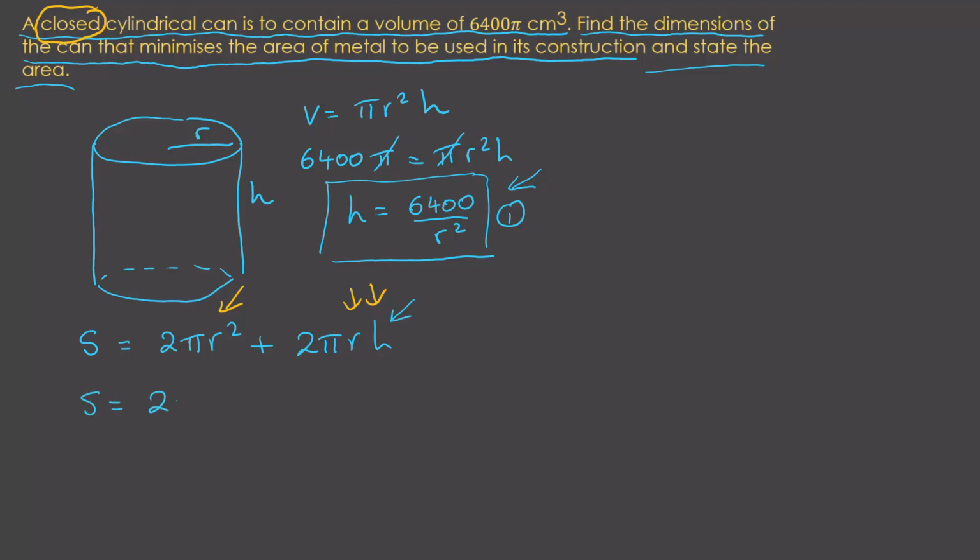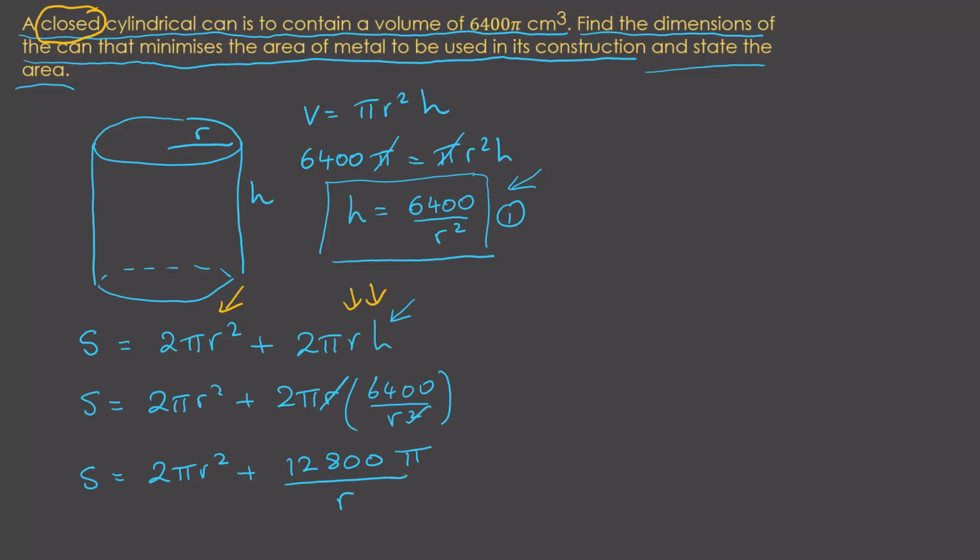And so S is going to be 2 pi r squared plus 2 pi r times 6,400 over r squared. So that's going to be 2 pi r squared plus 6,400 times 2, which is 12,800 pi divided by r, because that's cancelled with that.